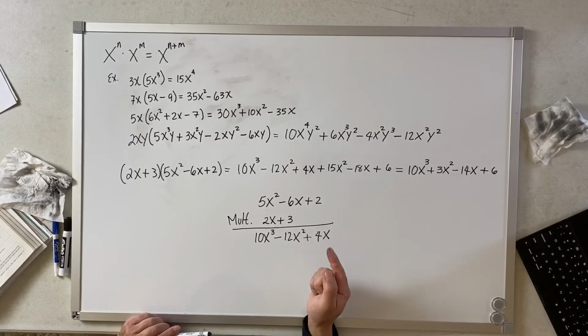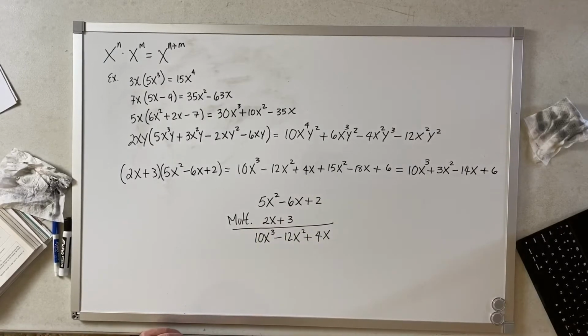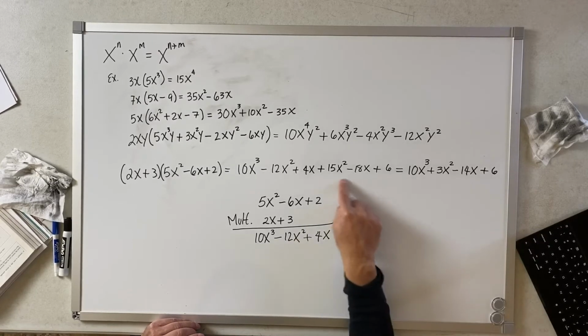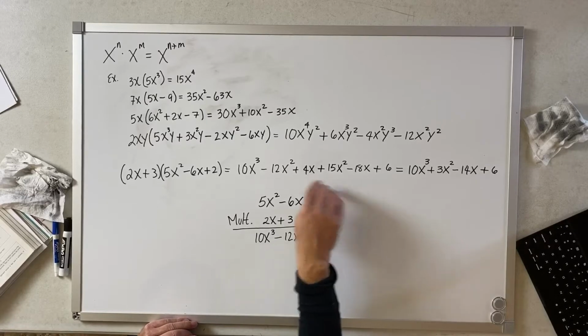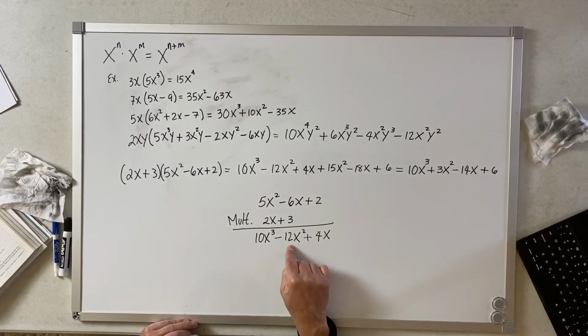The advantage of this is that when I multiply 3 times 5x squared, I get 15x squared, and I'm going to line them up. I'm going to line up like terms. I didn't do it here because I wrote it horizontally. But here I can line them up. Okay?